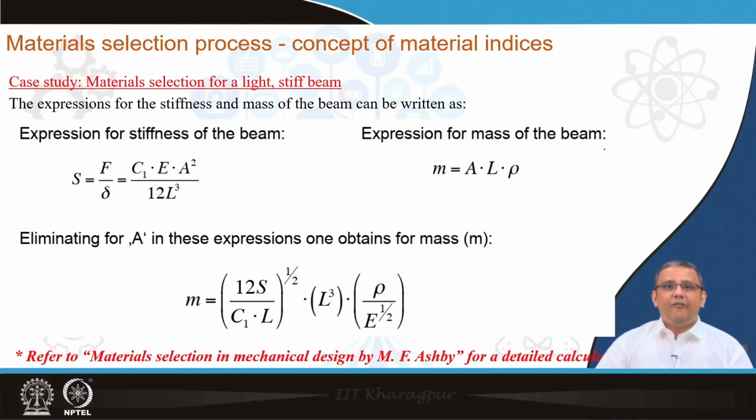That means we have to optimize this parameter rho over E to the power half to minimize the mass of the beam without sacrificing the other properties of the beam under study. And this will be discussed in the next lecture in more detail.